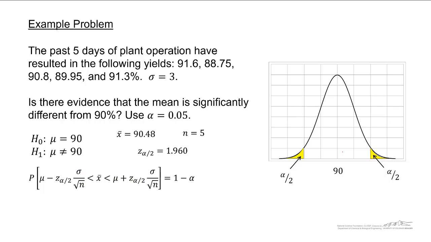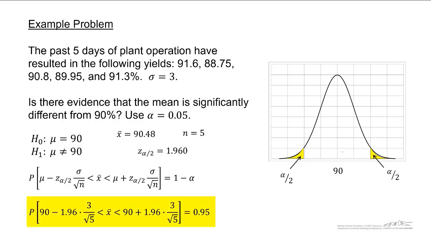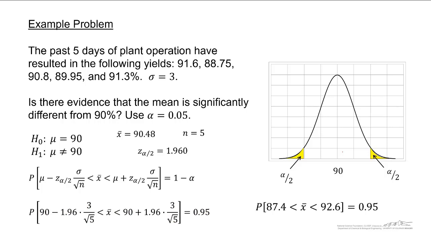We can plug in our sample statistics and our z alpha over 2. And when we do that, in our case, because alpha is 0.05, this is a 95% confidence interval. We get that our 95% confidence interval is between 87.4 and 92.6. 95% of the time, our x bar, if the true mean is 90, is going to lie in this red shaded region. Now, what is our conclusion?